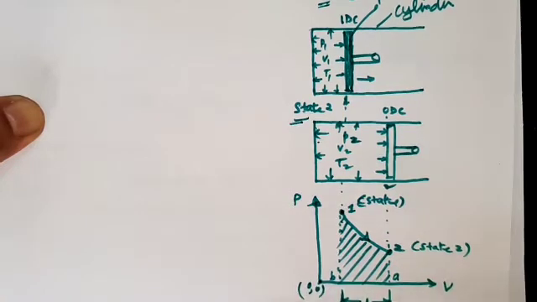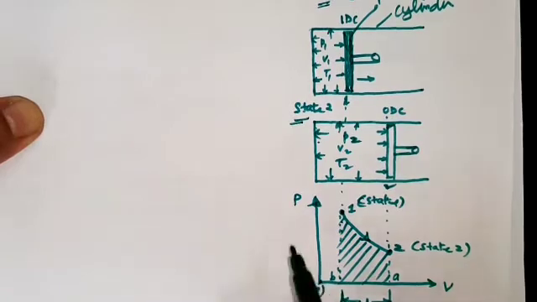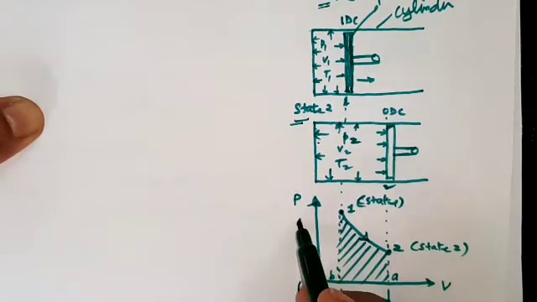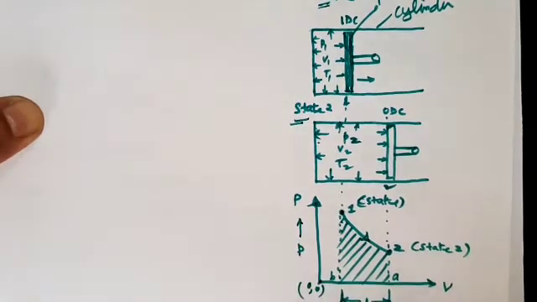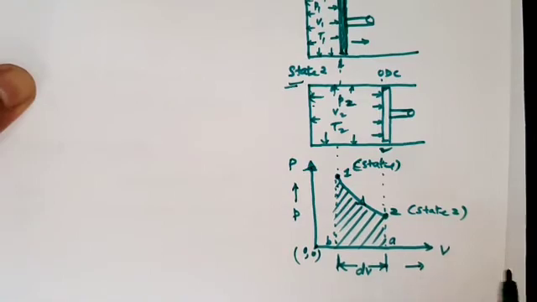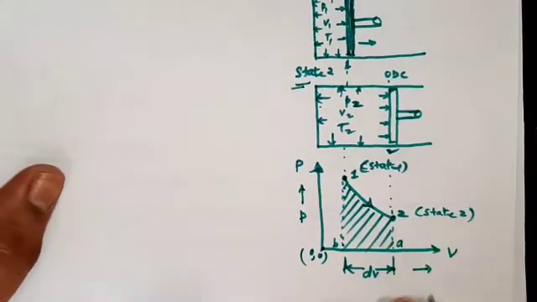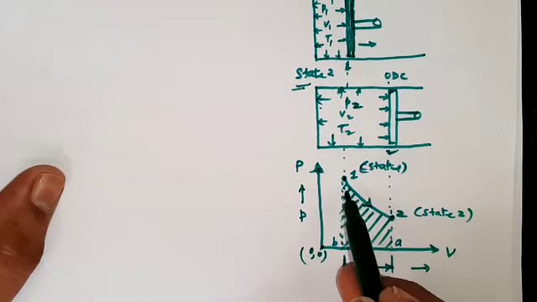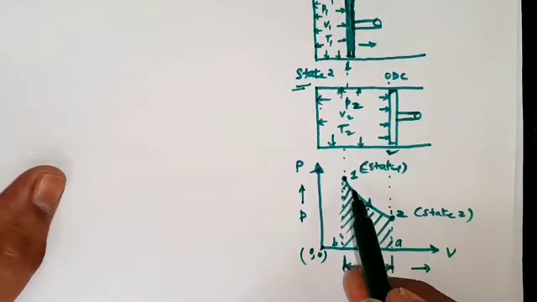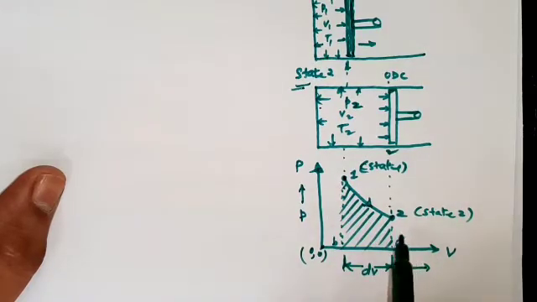At this point pressure and volume both are 0. So pressure is increasing in upward direction and volume is increasing in left to right direction, in this direction. So here you can see the expansion process 1 to 2 is taking place.